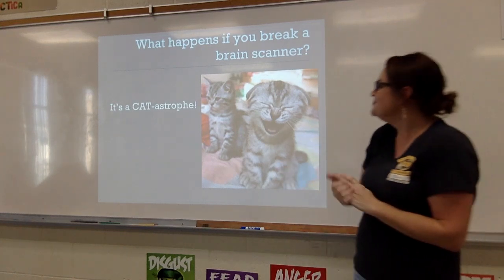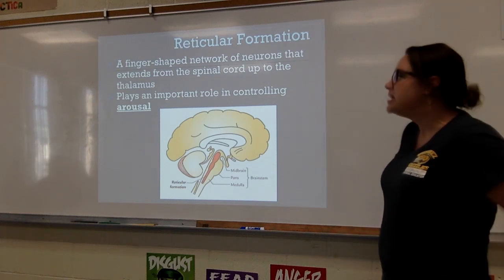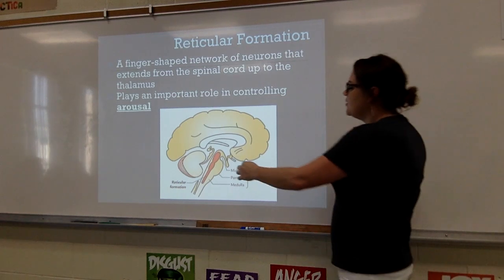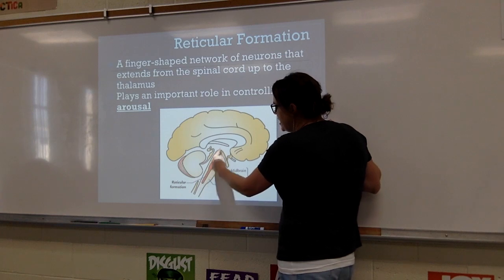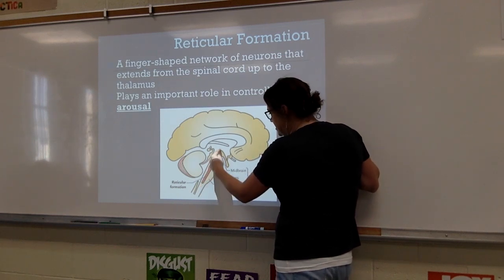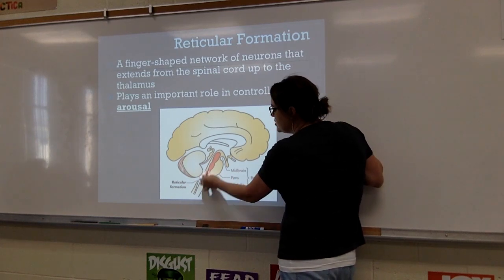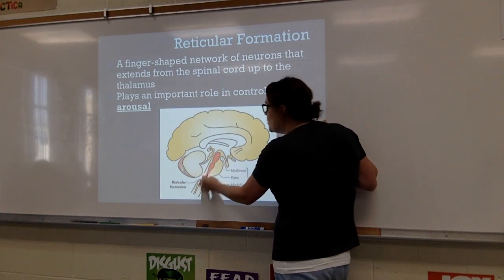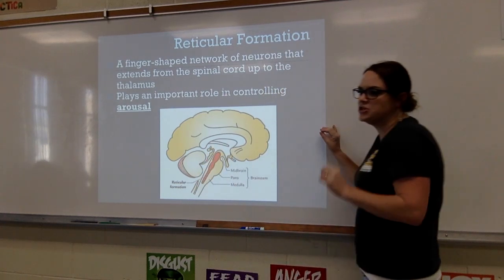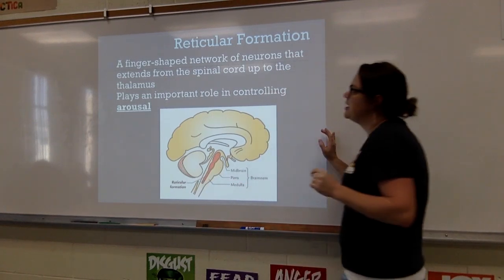Okay, next one. So, next you have your reticular formation. Your reticular formation is this neural network that's inside the brainstem. So here you have your medulla, your pons that we just talked about. You have your reticular formation, which is a network of neurons through that region. So go ahead and color that in. It comes up through the brainstem.